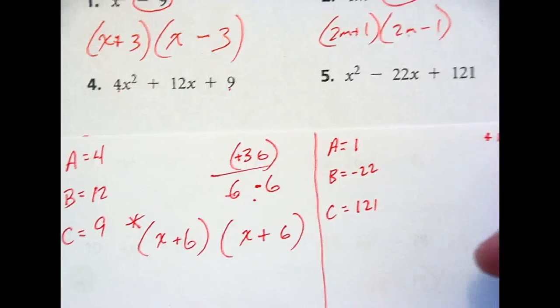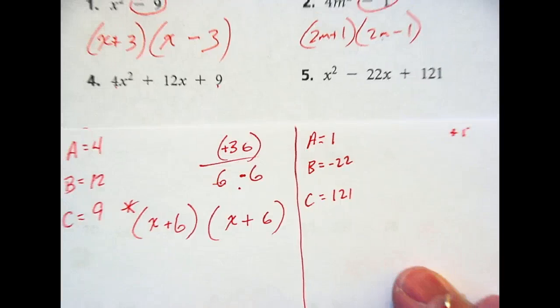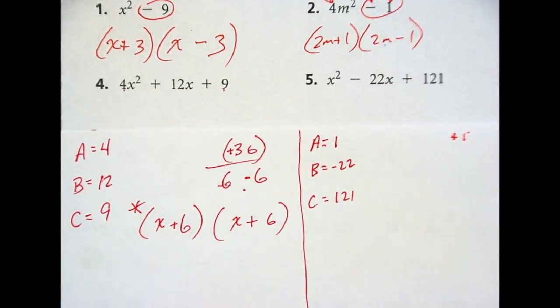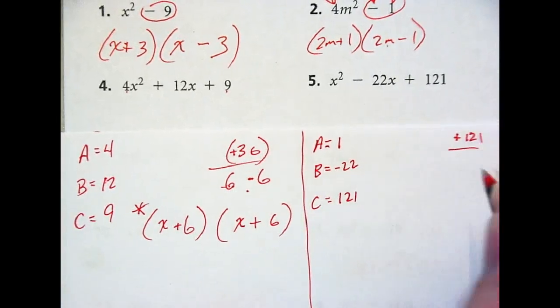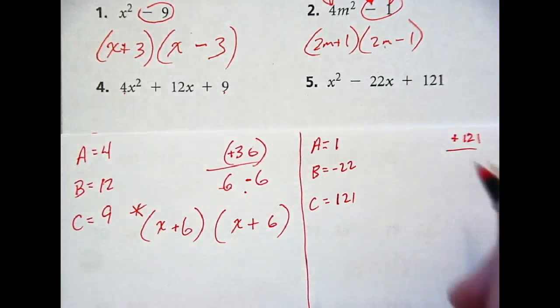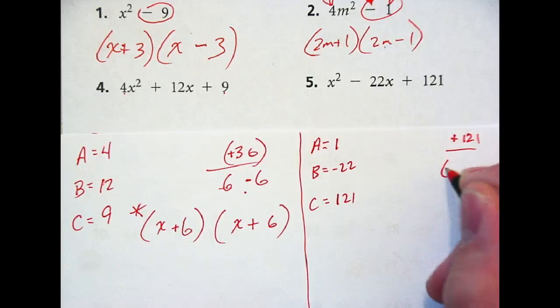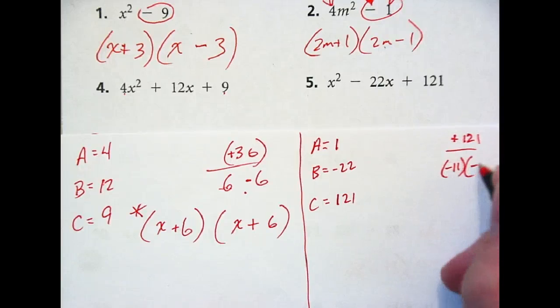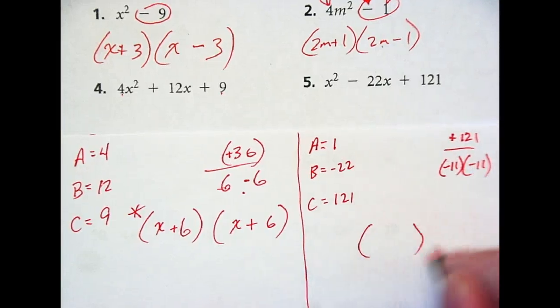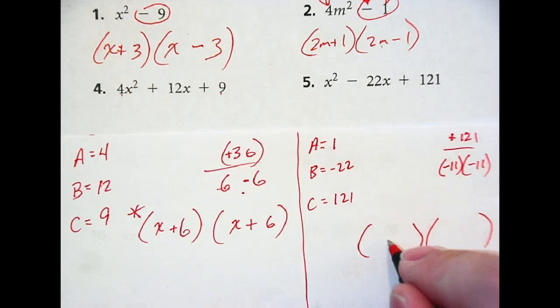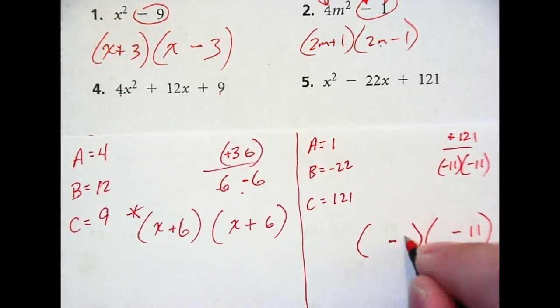Positive 121. 2 things to multiply to make 121 and add to negative 22 are? Negative 11 and negative 11. All right. What are our signs? Negative, negative, 11, 11.